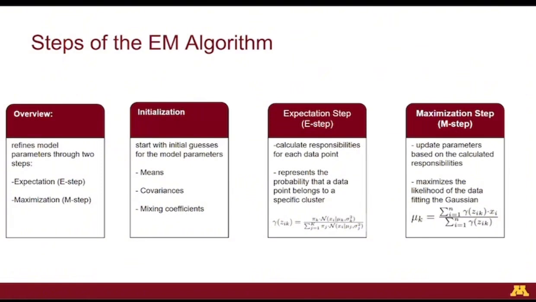And then for the expectation step, you calculate the responsibilities, which are the probabilities of the data points belonging to each cluster, and then use Gaussian probability density functions and current parameter estimates. So as you can see, the formulas are down below. And then to the right, we see the maximization step, or the M step, in which we update the parameters to maximize data likelihood, and that updates the means, which is included in the formula below, variances, and then the mixing coefficients, as I mentioned before.